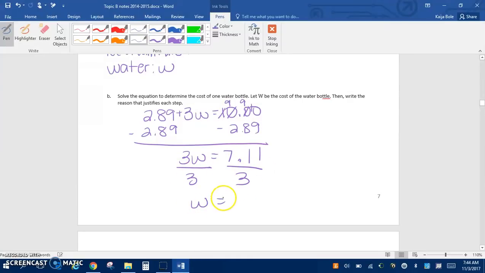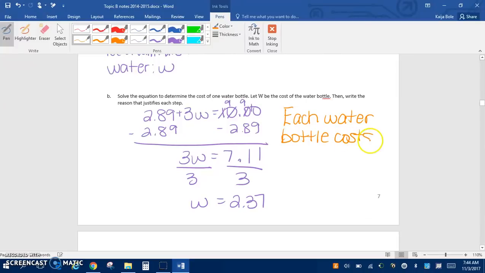If you take a second on your own to divide that by 3 off to the side, I have faith that you all can do that. We would get that W equals $2.37. So we can say that each water bottle costs $2.37.